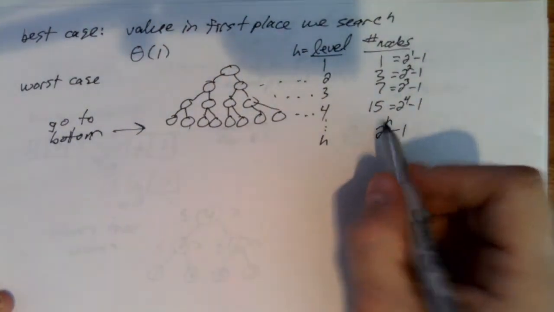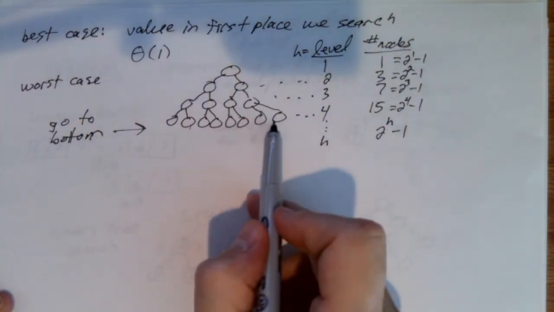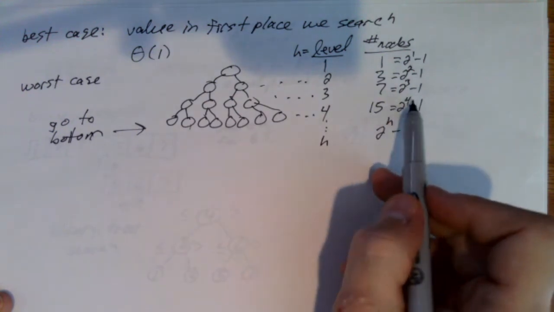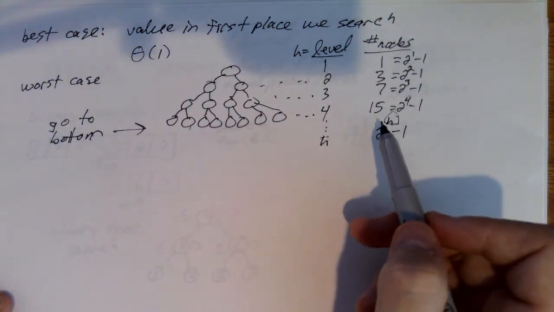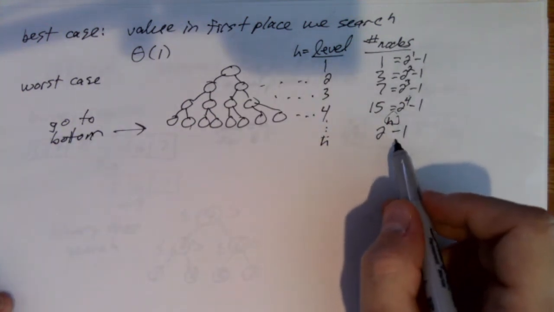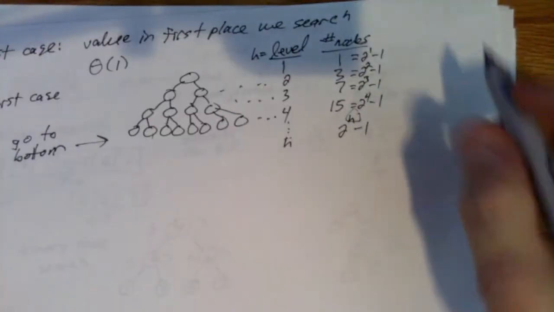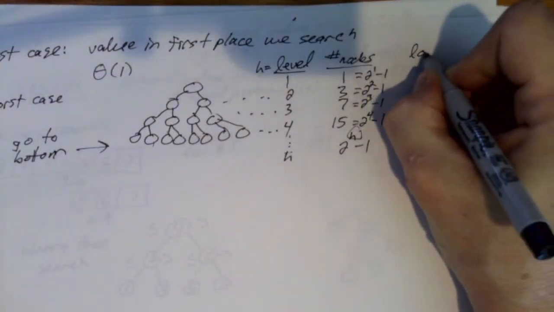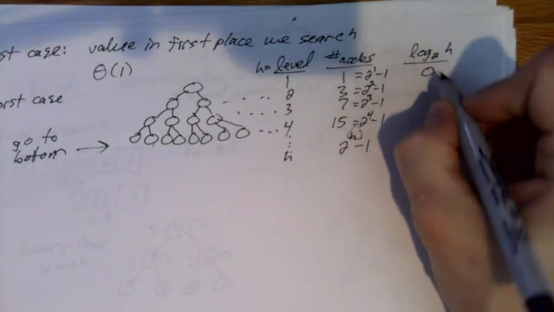So what we really want to know is, if we had to go all the way down to here, we had 4 searches or 4 comparisons, we need to be able to get the 4, which happens to be the h. So we're going to use logarithms. Now it turns out if I were to take the log base 2 of the number of nodes, I get 0.